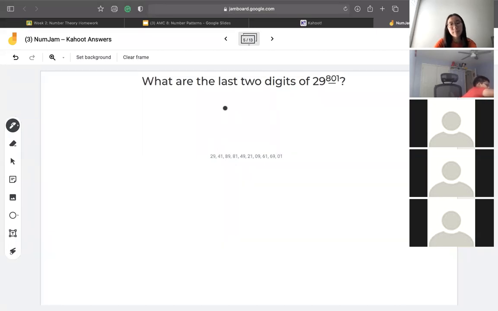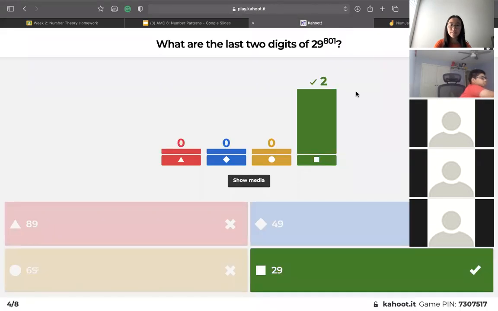So the units digit is going to be the first number in our pattern. And then you also know that the tens digit is going to be 2, because that's also going to be the first number in our pattern, 801 mod 10. So last digits are going to be 29.